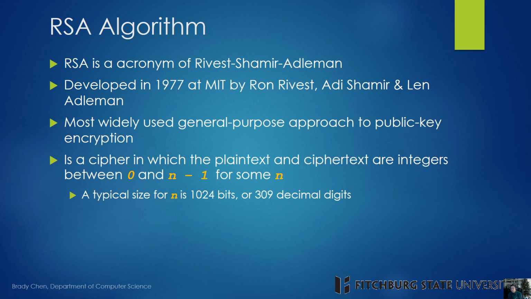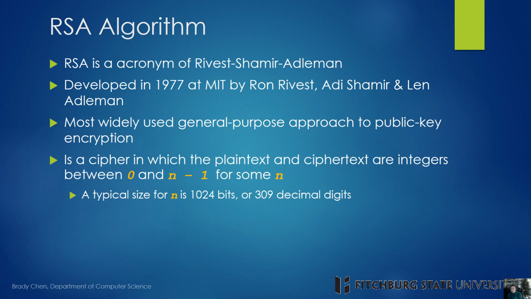RSA is an encryption and decryption algorithm in which the plain text and the ciphertext are integers. The typical size for the integer is 1024 bits. It was smaller before, but since computers have become faster and more powerful, they increased the size of the number n.